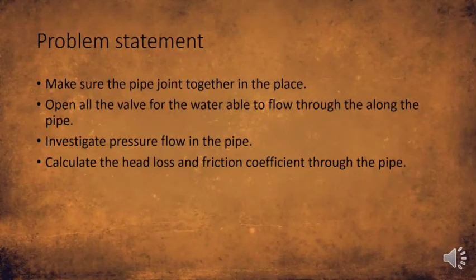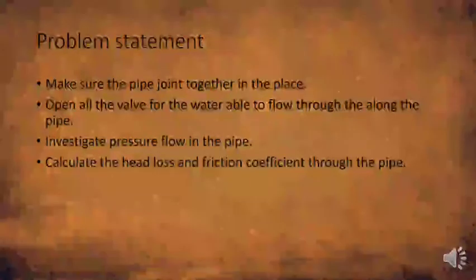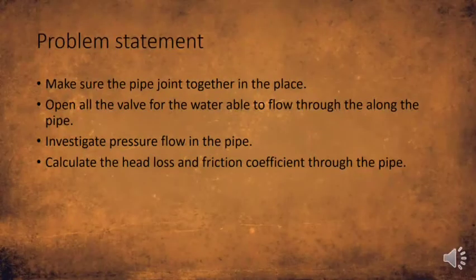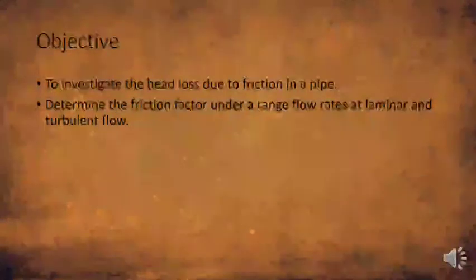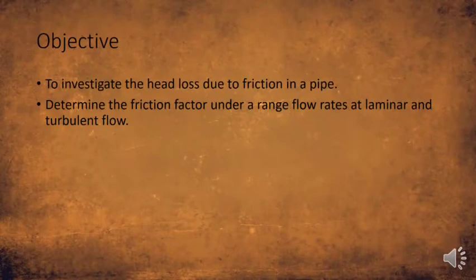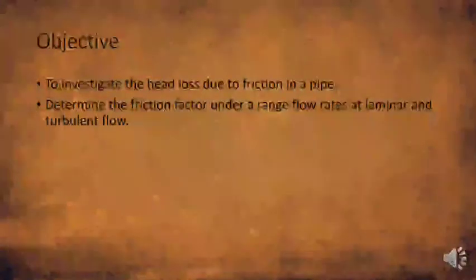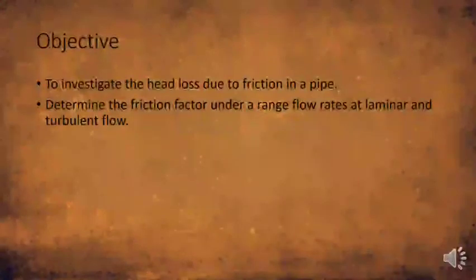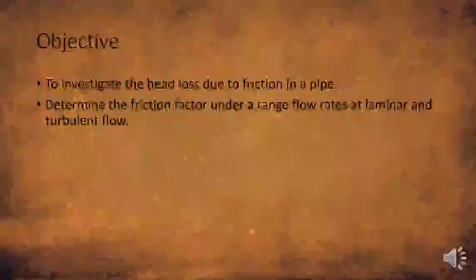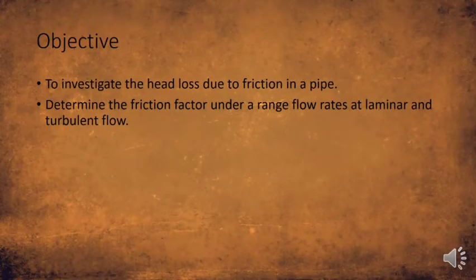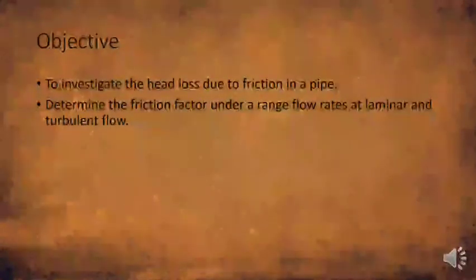Then we want to investigate the pressure using the pressure sensor. Then we need to calculate the head loss and the friction coefficient. So the objective is that we need to investigate the head loss and the friction in the pipe. Like I said, we want to know whether there are any losses in our pipeline.